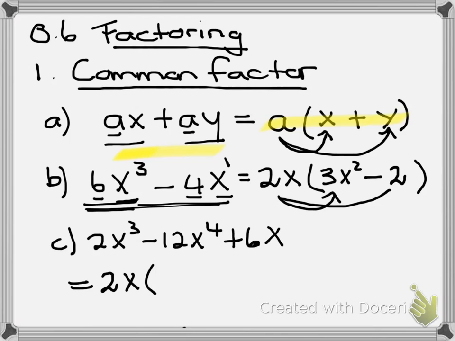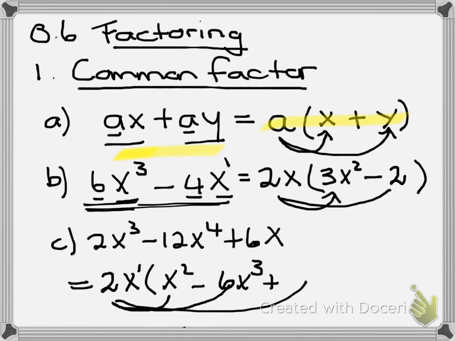Now we ask ourselves, 2x times what gives me 2x cubed? 2x times x squared. 2x times what gives me negative 12x to the 4th? Negative 6, and we need an x cubed there. Remember, we add the exponents. And 2x times what gives me 6x? 2x times 3. There you go. And always check that it's fully factored, that there's nothing else we could take out after we've factored it.